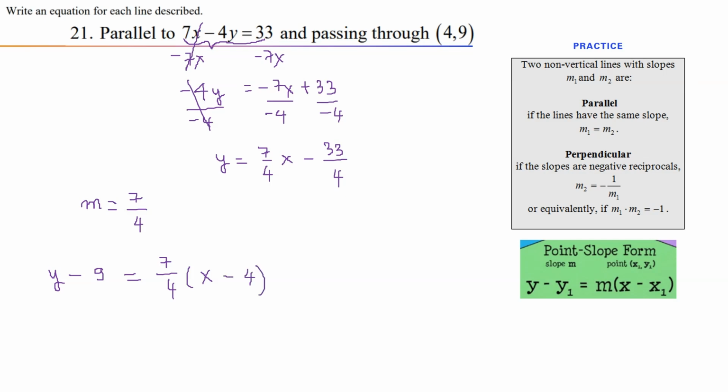And we have y minus 9 equals 7 over 4 times x minus 4. 7 over 4 times negative 4 will be negative 7. Okay, so now we will plus 9 both sides. We have y equals 7 over 4x plus 2.